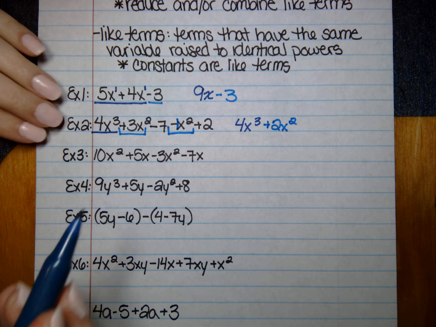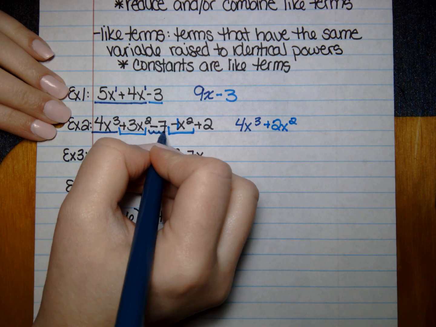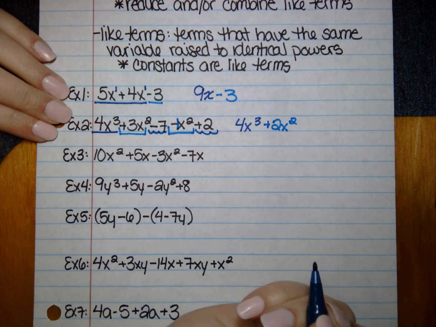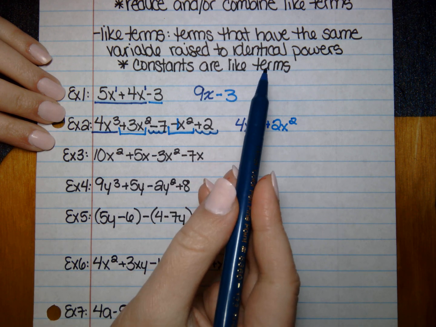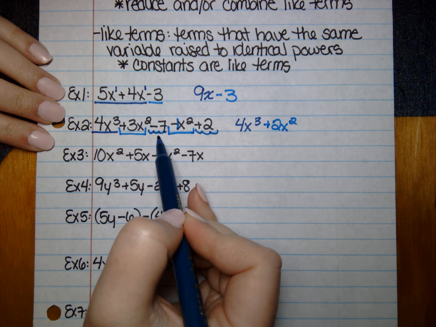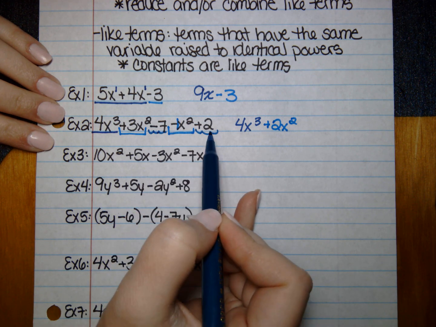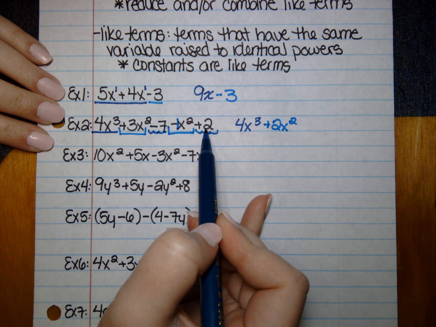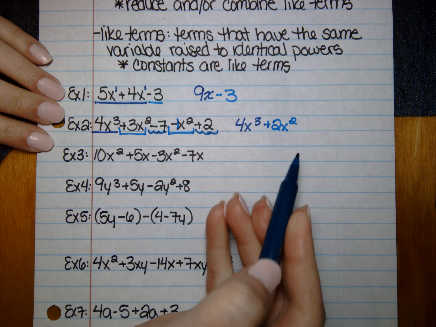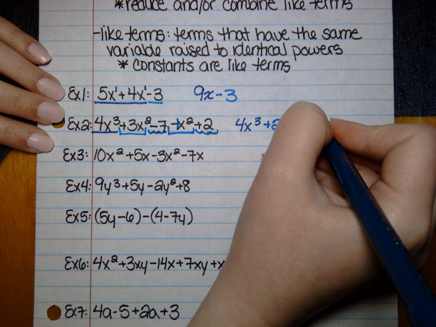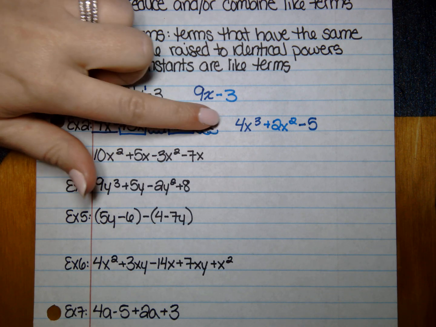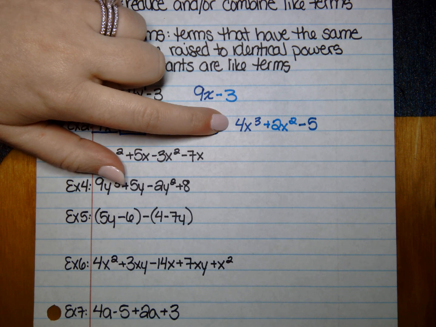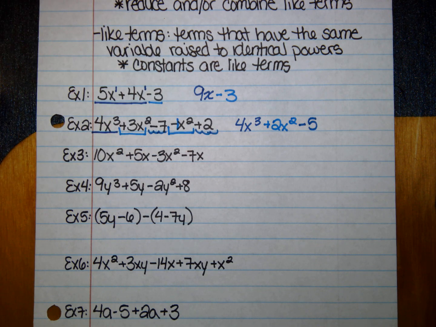In this case, I don't have any, so the last thing I would have to do is combine my constants. Again, constants are all like terms, so we can just do their operations. So -7 plus 2 would be the same thing as saying positive 2 minus 7, so that's going to give me a -5. So this is going to be my final answer because I can't combine any other terms together.